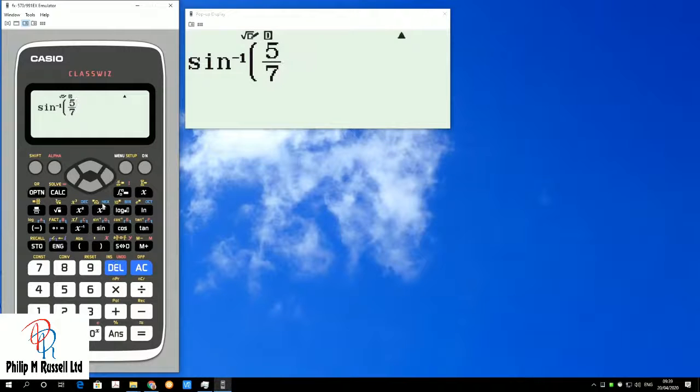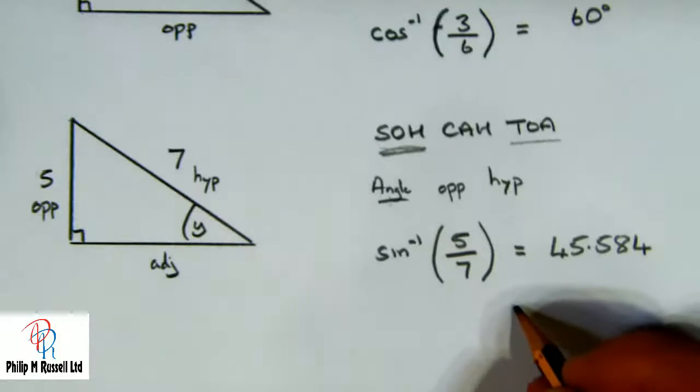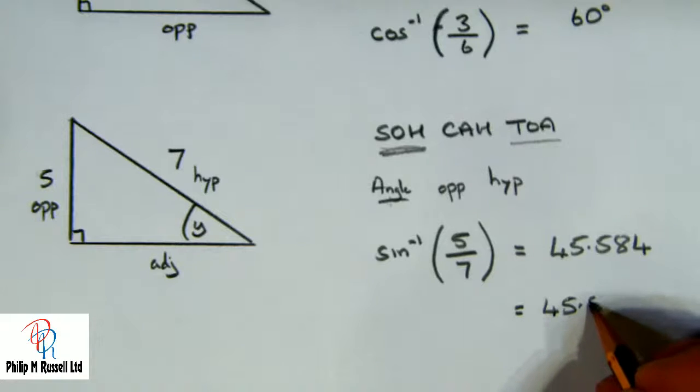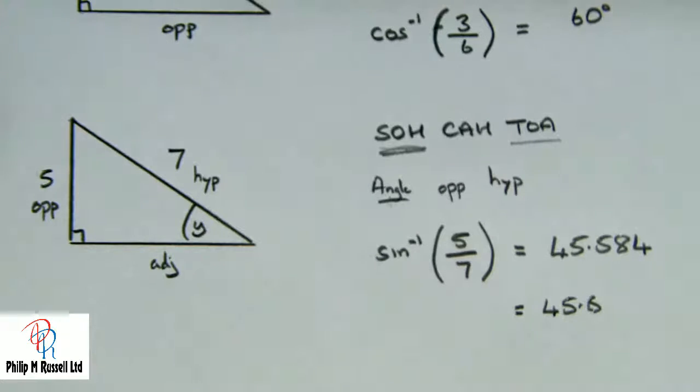I've got to press this arrow to put in the bracket, and there we go, we can work it out. And my angle is some 45.584 degrees, and if we round that, that's going to be about 45.6 degrees. There we are. So I hope that's given you an idea about some of these.